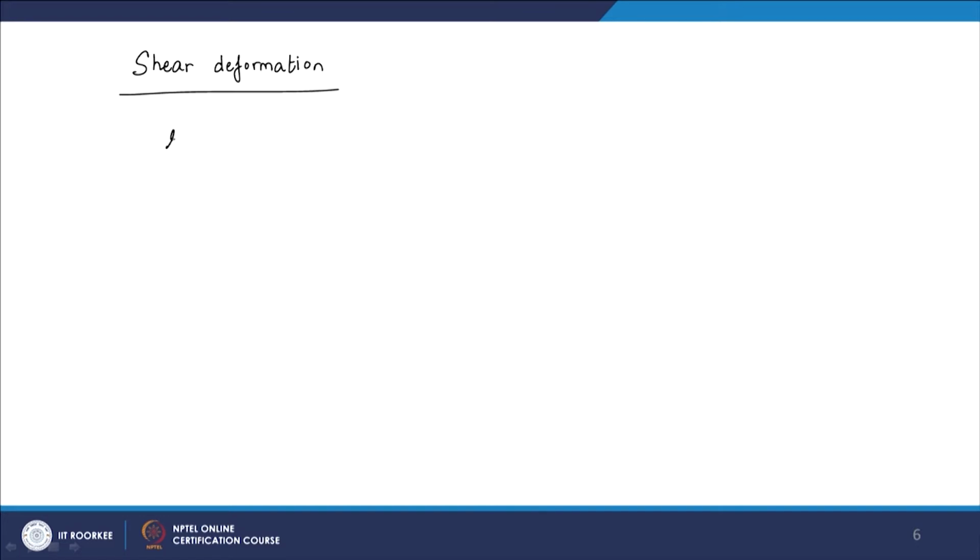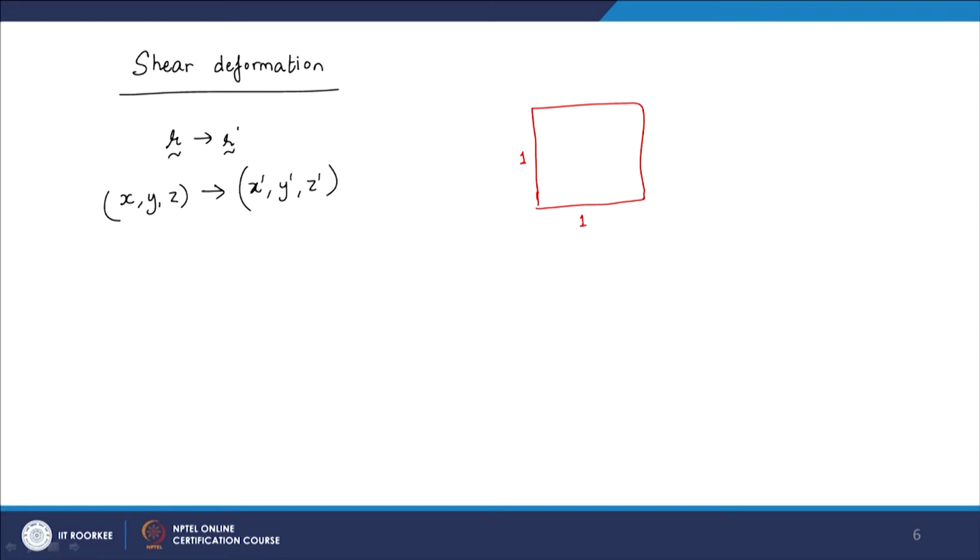So, if I have a shear deformation in Cartesian coordinates, r becoming r prime is equivalent to x, y, z becoming x prime, y prime, z prime, and the way to visualize a shear is we assume some initial state as a rectangle in xy.